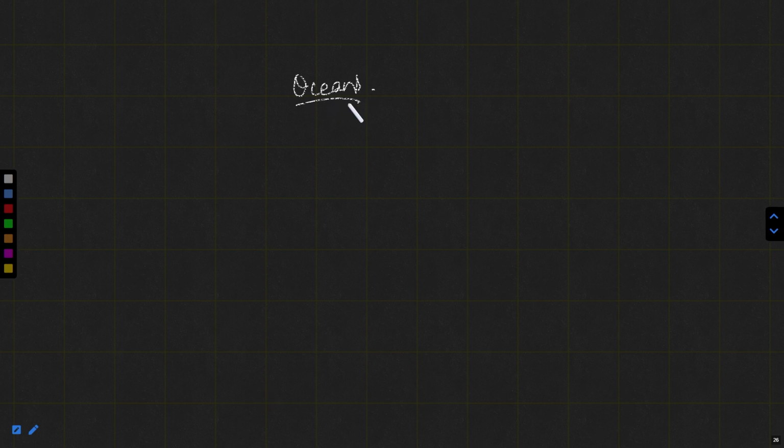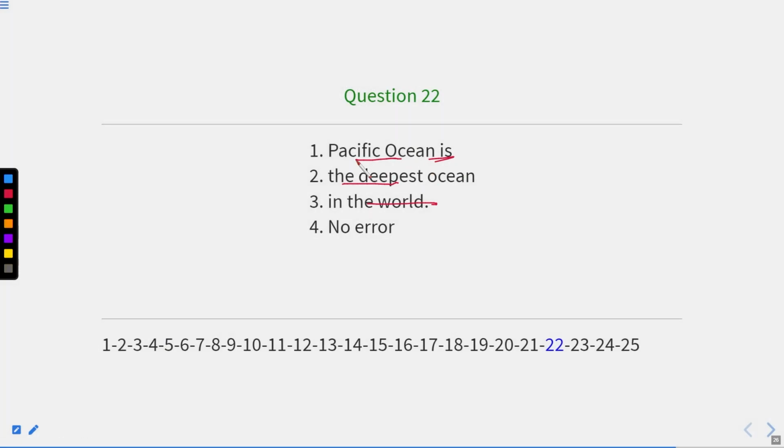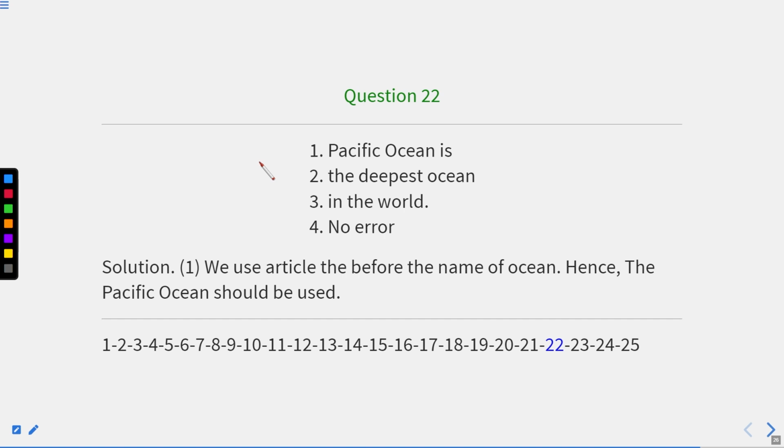Obviously, because Pacific Ocean is the name of the largest ocean in the world, before Pacific we need to write the. So the Pacific Ocean is the deepest ocean in the world. Now the correct answer is 1. We use an article before the name of an ocean, hence the Pacific Ocean should be used.